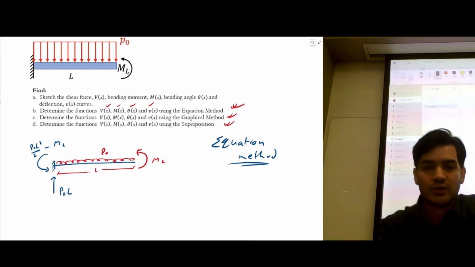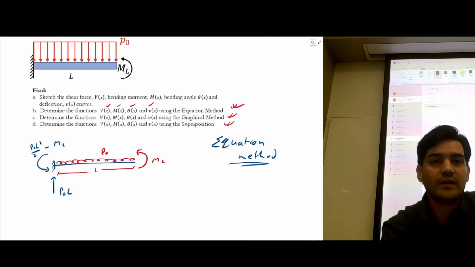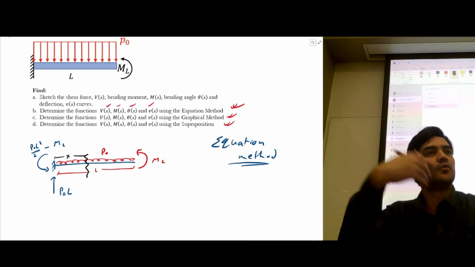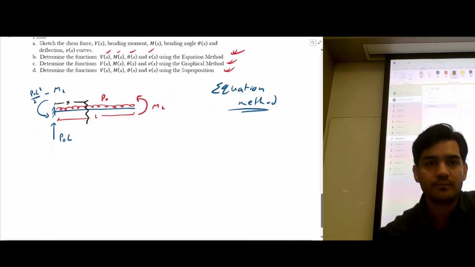a moment. Once you have the reactions, you want to formulate the equations. How you formulate equations is that you cut a section and you call the distance x, and then you expose the internal loads. So this is what I am gonna do now. I'm gonna expose the internal loads, which are shear force and bending moment.